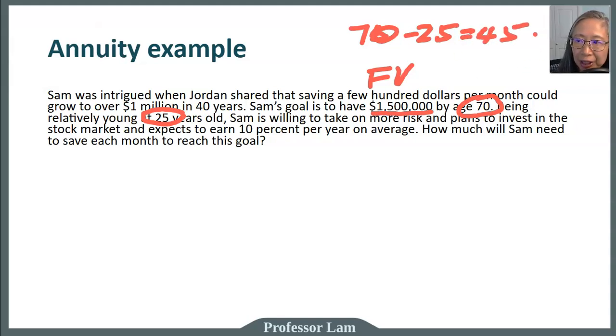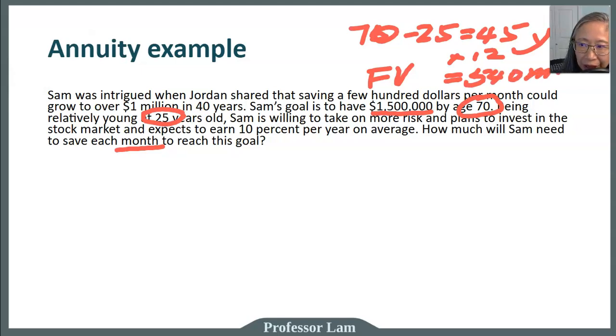So that's 45 years. That's important. Sam is planning on saving each month. So if we multiply 12, since there are 12 months per year, by 45 years, that means they will have 540 months to save.